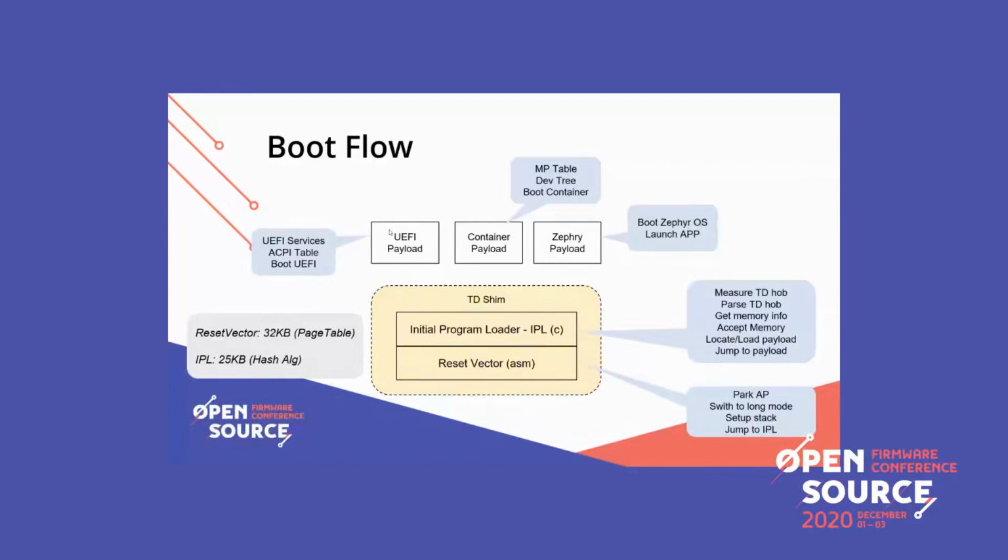The payload could be a UEFI payload, a container payload, or even a Zephyr RTOS payload. We did a prototype. It shows a small reset vector could be 32K, including a fixed page table. A small IPL could be 25K bytes, including a SHA-384 hash algorithm.